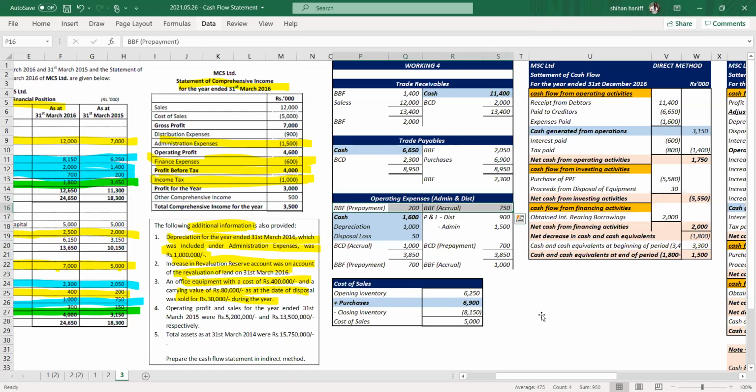Prepayment debit, accrual credit. Then the amounts in the profit and loss. Profit and loss debit, this is credit. Then the cash payment. To identify the cash payment, there are non-cash items. So those non-cash items you have to deduct. You have to debit and take the difference as the cash payment. That's how we do the calculation.